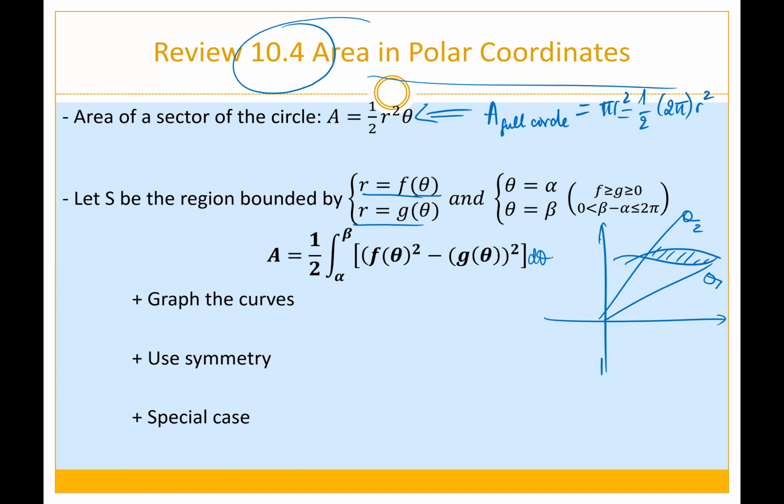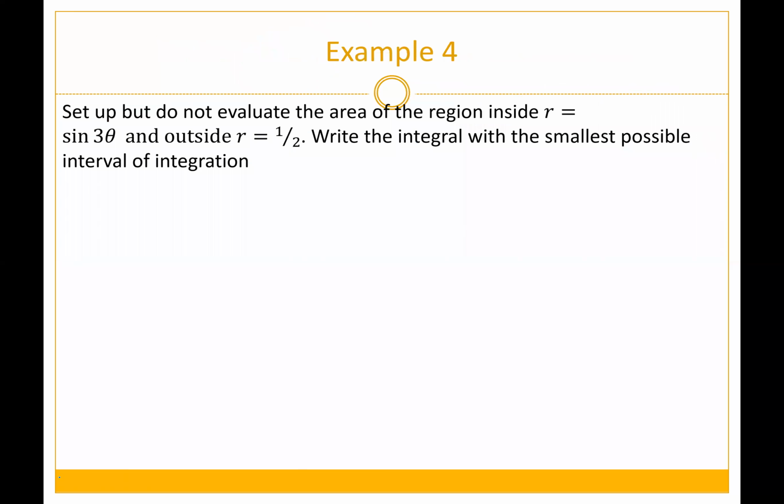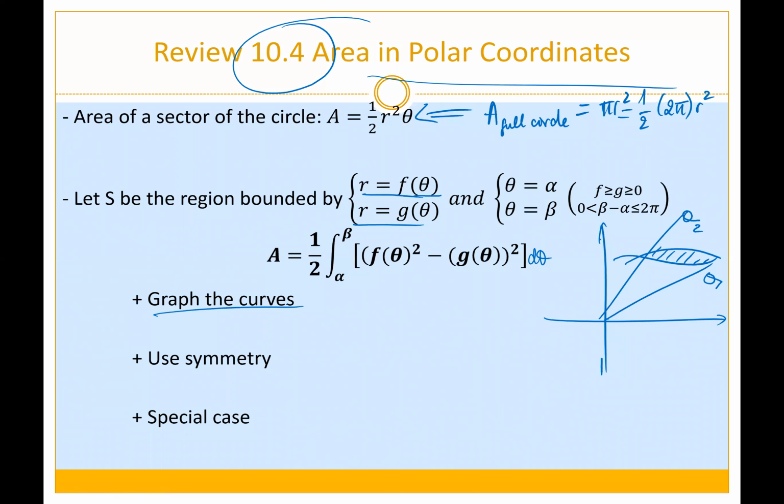And the way that you're going to do it is to graph the curves. If you're asked to find the area of a region bounded by two curves, graph it out, use symmetry, and look for special cases. Some of the special cases are much easier. Maybe you don't have g theta, so g theta is going to be 0.